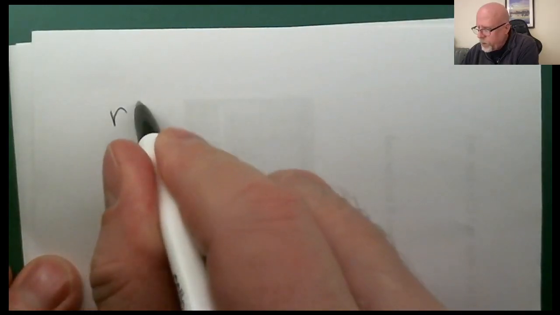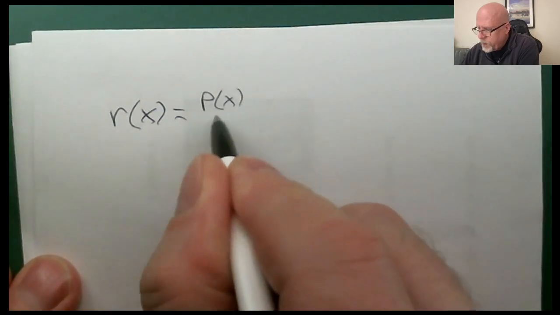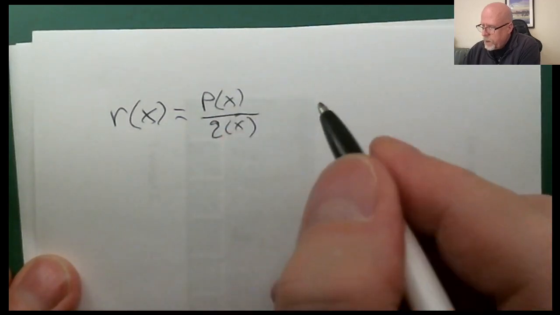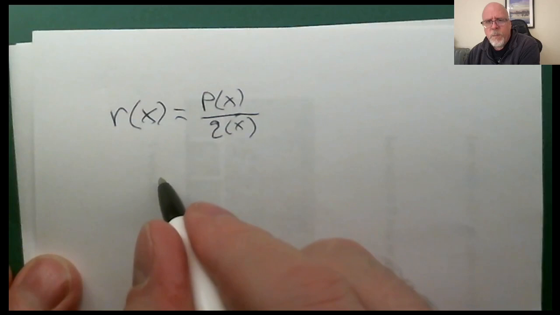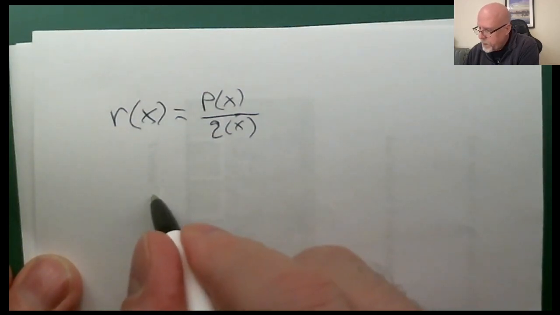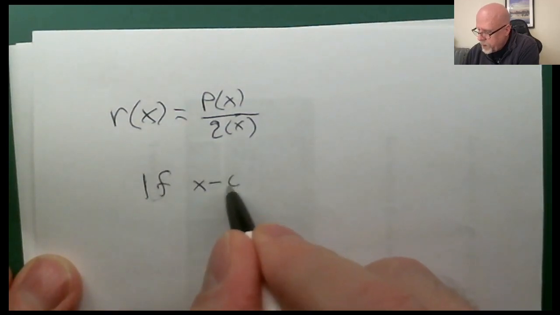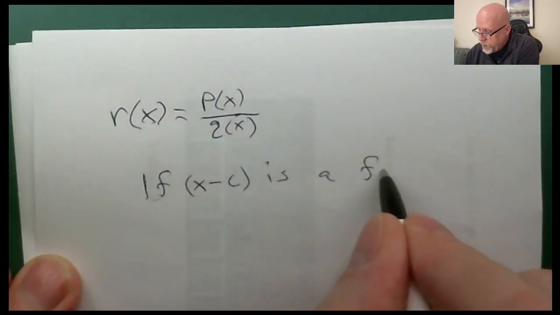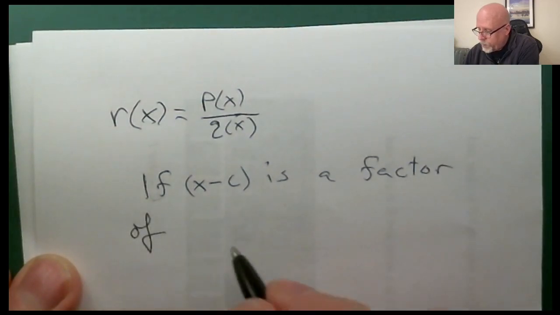You're going to have r of x is p of x over q of x. If the two of them have a common factor of x minus some number, so if x minus c is a factor of both, that's the situation where you get a hole.